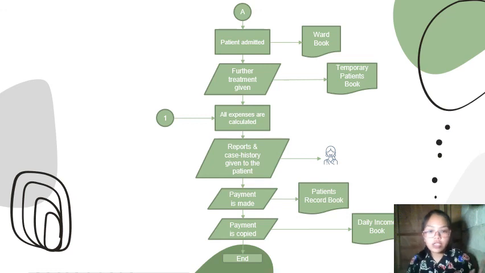All the expenses are calculated, and reports, history, and cases of the patient are also given to the patient. Payment is made and accepted, copied, and recorded on the daily income book. And this is how the income process goes.